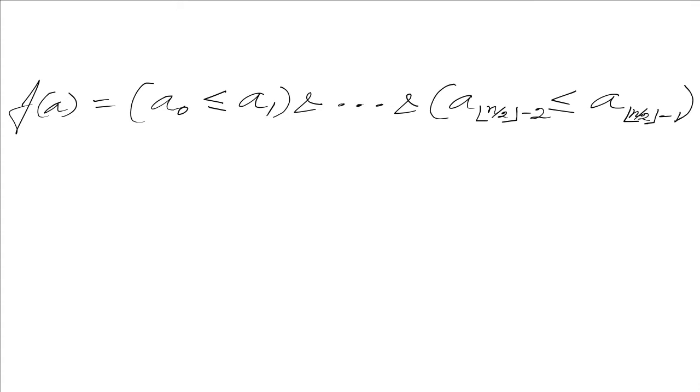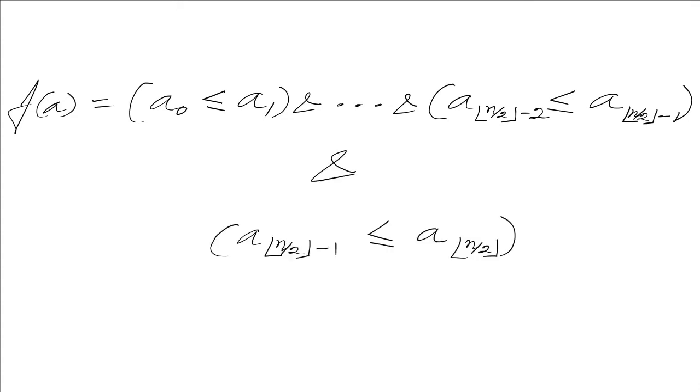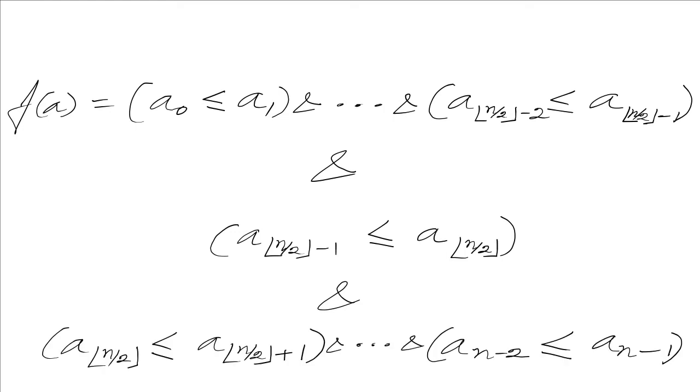And we need to make sure the last element in the first half of the list is less than or equal to the first element in the second half of the list. And we need to make sure all the elements in the second half of the list also obey this less than or equal to condition.